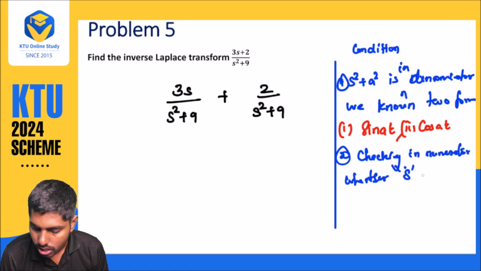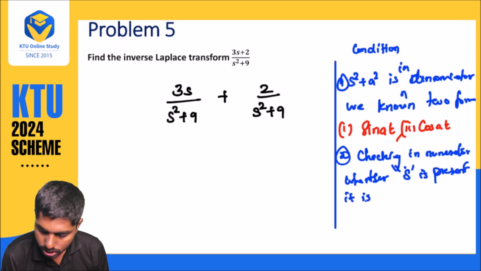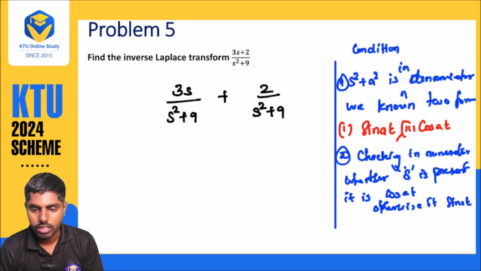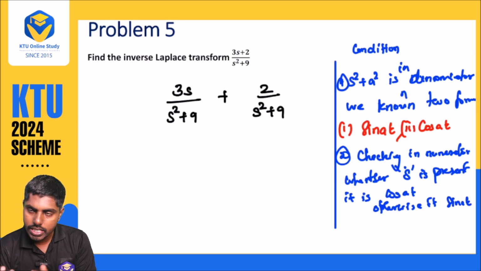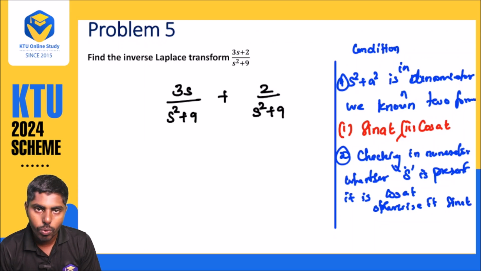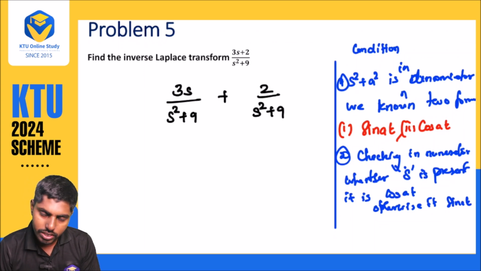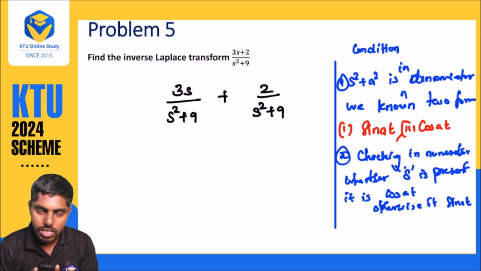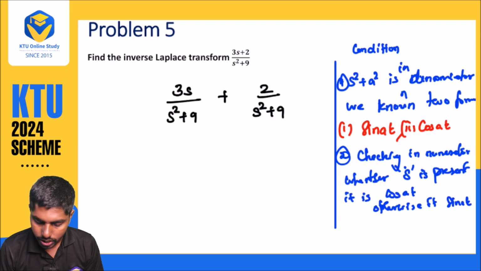If x is present, it is cos at, otherwise it is sine at. That is, x in numerator and x square plus a square in denominator means it is cos at, and a divided by x square plus a square means sine at. These are the conditions. Just understand the formula with each and every condition. It is very easy to solve the inverse, just learning the simple formula. Okay.